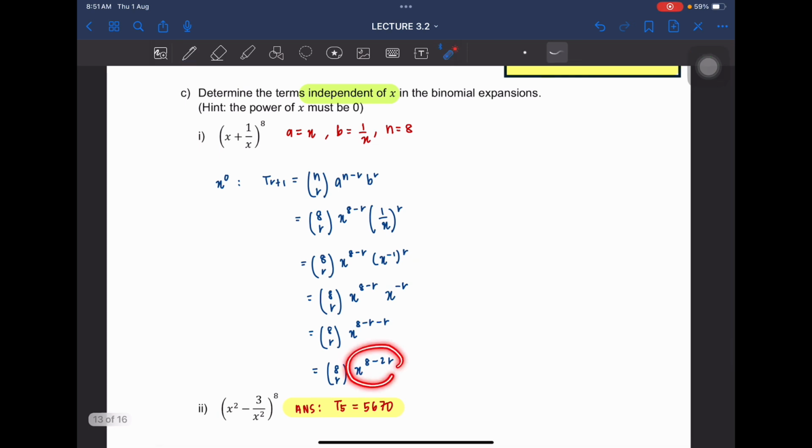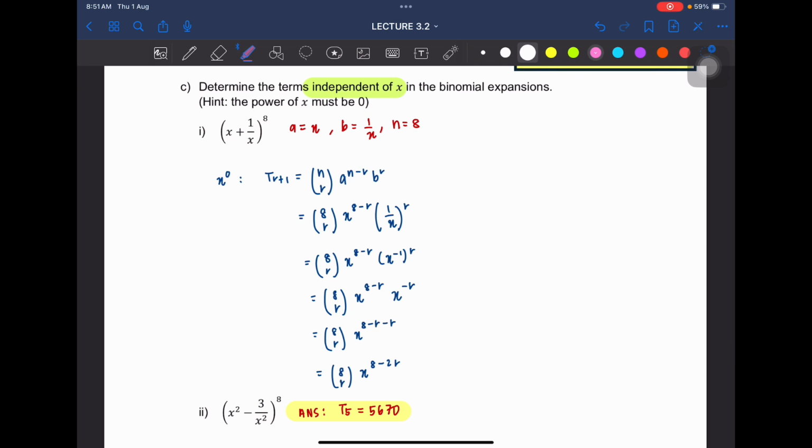Okay, this is the simplest form that we can get. So now again we can compare the power. We want x to the power of 0, so you just need to compare with this power to find our r. So x to the power of 0 is equal to x to the power of 8 minus 2r. So 0 is equal to 8 minus 2r. So 2r is equal to 8, so our r is equal to 4.